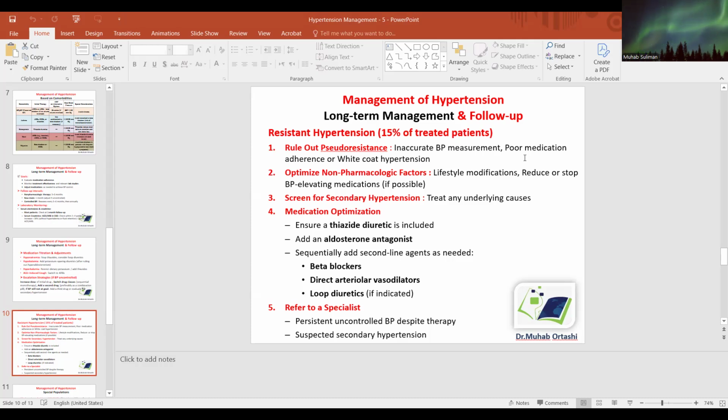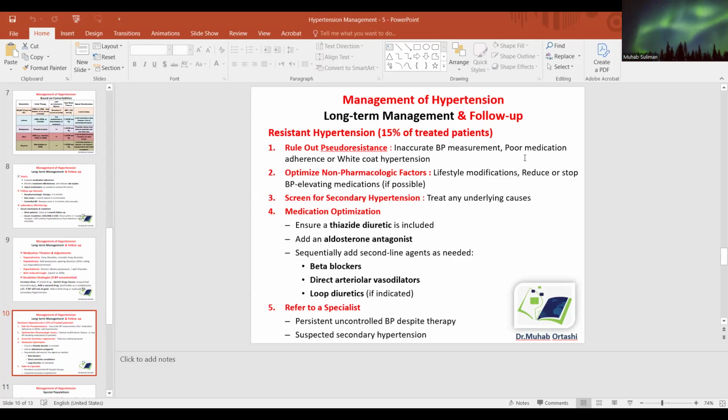Firstly, we have to ensure, as we said in persistent hypertension, that a thiazide is one of the drugs used. The first line drug in most patients with resistant hypertension is a potassium sparing diuretic.